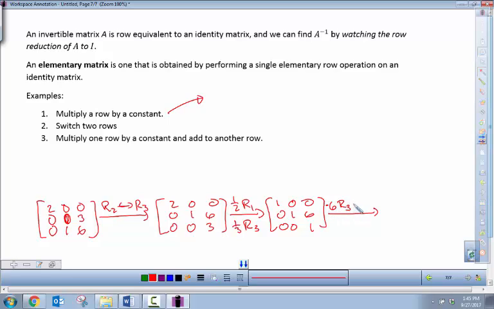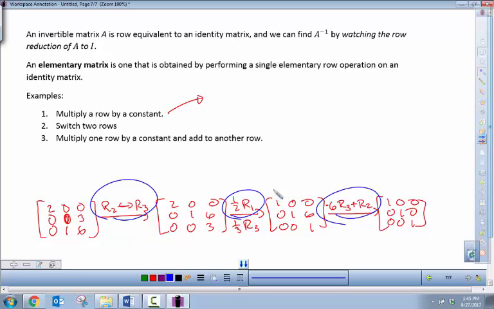-6 plus R3, -6 times R3, and then add it to row 2, right? All right, so these three basic row operations are exactly the row operations that they're describing over here.